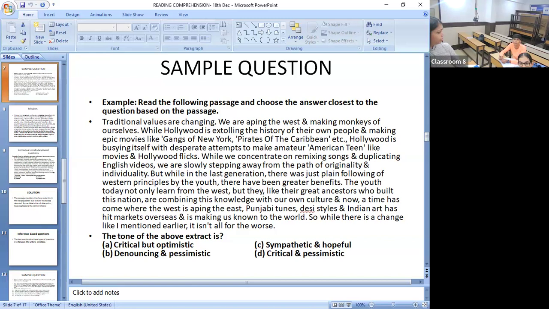You guys have your phone? If you don't know the meaning of these words, you have an option to search and write them in your notebook. Don't just search and forget it.